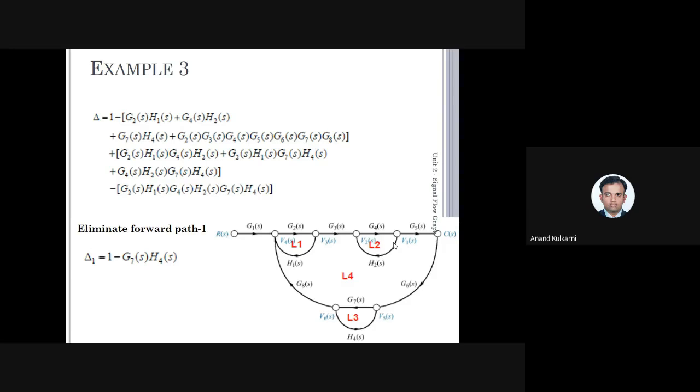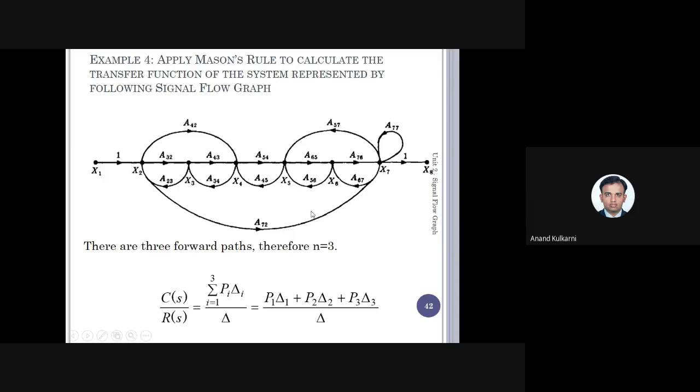The flow always has to go from input node to output node; it cannot stop at any intermediate point. It has to end at that point only. So that is a forward path. If you start at the input, you have to go to the output, and only then is it called a forward path.